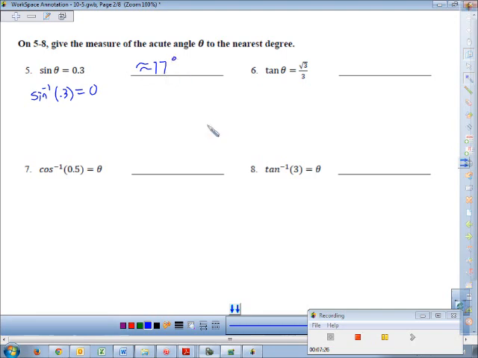Tangent of theta equals the square root of 3 over 3. How do you solve for theta? You do the inverse sine. Excuse me, inverse tangent, my bad. Punch it in.